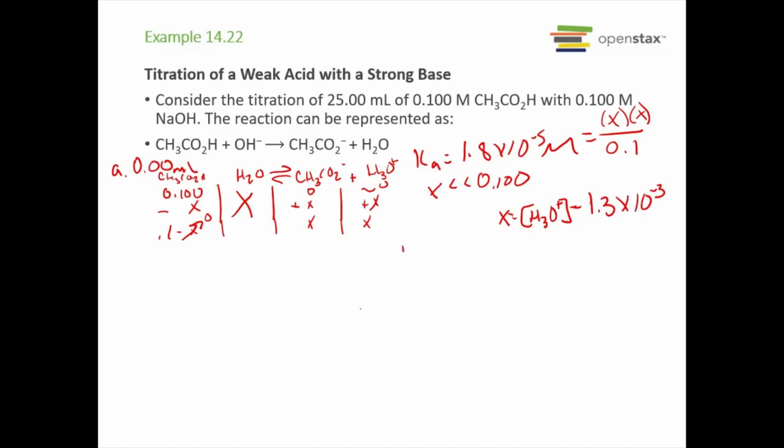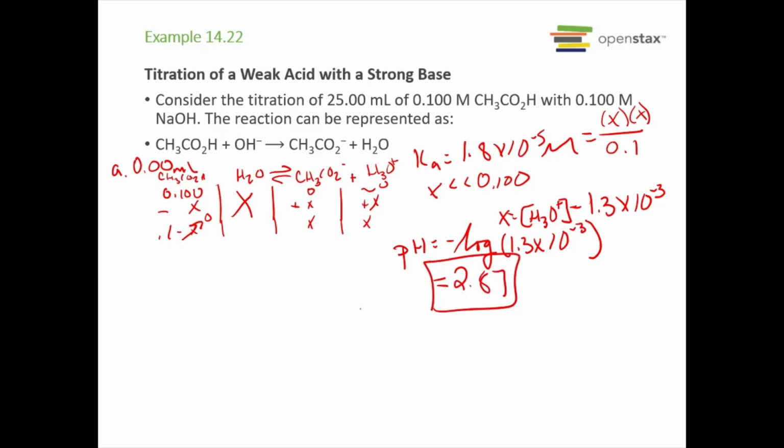So then our pH for A equals the negative log of that. And so our pH here is 2.87. So that is our pH for A.